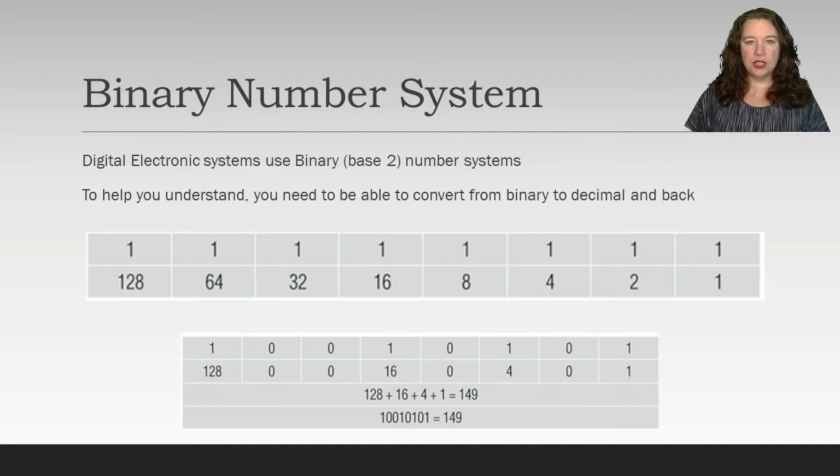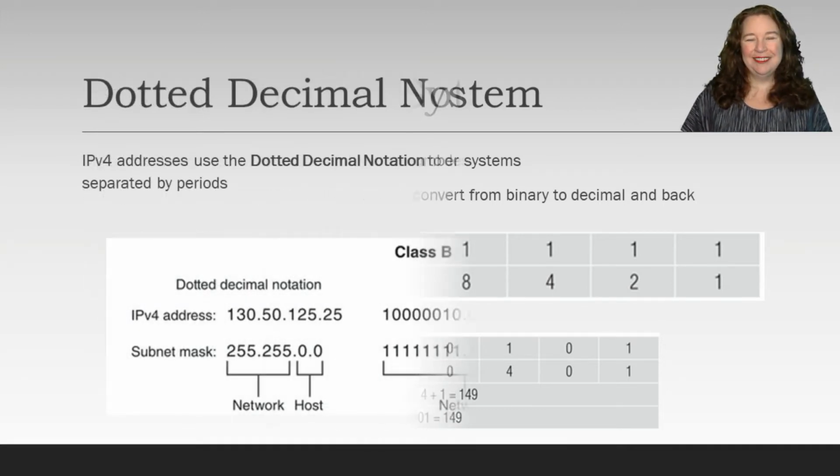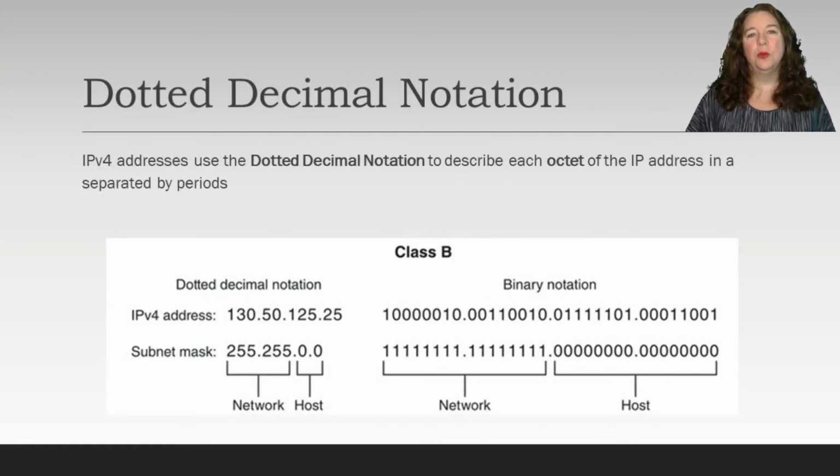Being able to convert from decimal to binary, from binary back to decimal, is really going to help you when we get into subnetting, because we're going to be dealing with octets of binary numbers and understanding how it works when we borrow bits. As you've seen before, we use a dotted decimal notation when we identify our IPv4.